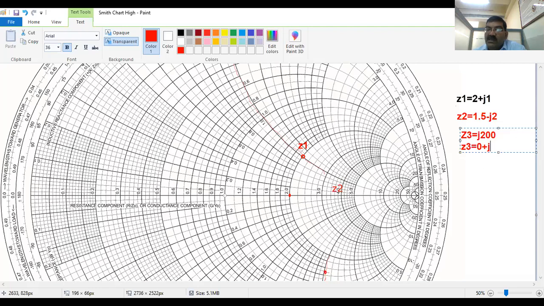200 by 50. Why am I dividing by 50? Anyone can quickly answer me. What is 50? 50 is called the characteristic impedance. And before putting on the Smith chart, what we have to do is the normalization. So for the normalization, we have to divide by Z0.